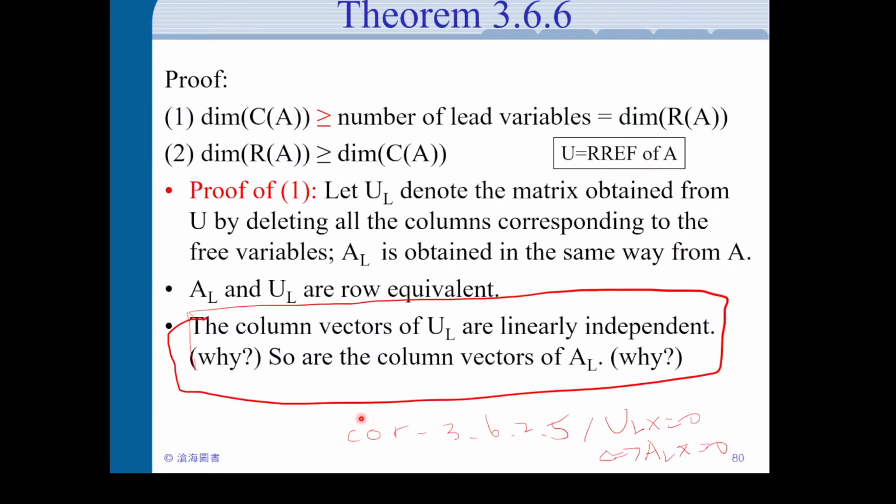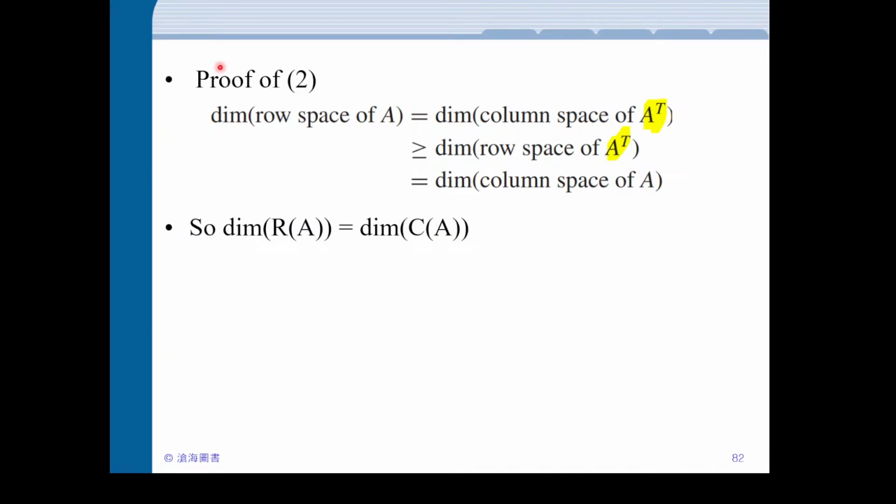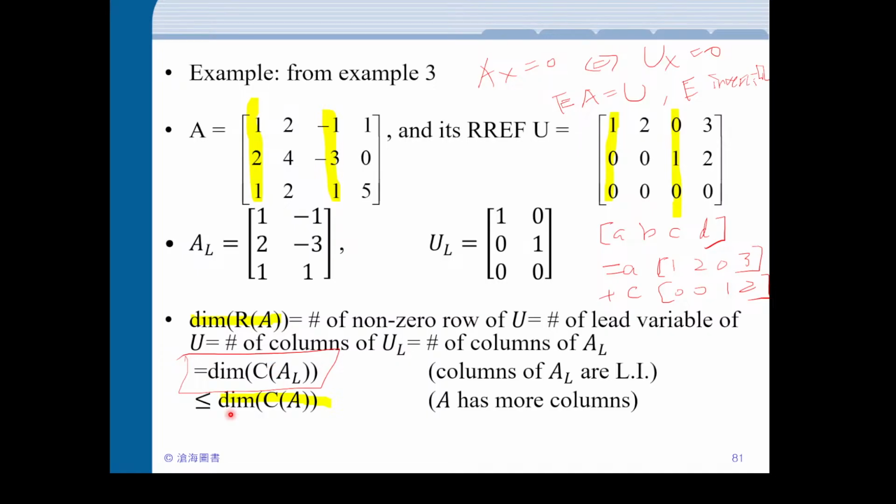And as we said, the next step is we are going to prove the dimension of the row space is greater than or equal to the dimension of the column space. And this is actually not very hard because we can just do the same thing on the transpose of A. So we now just think about A transpose and do the whole same thing.